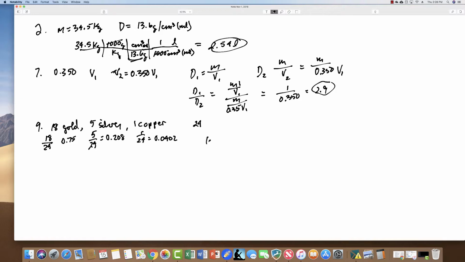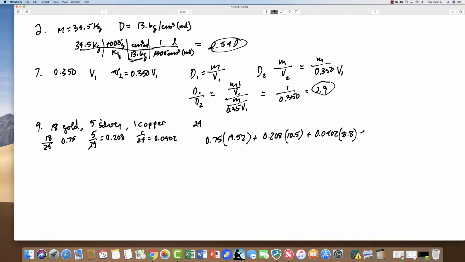And so if you take 0.75 times the density of gold, which is 19.52, plus the amount of silver, 0.208, times the density of silver, and I actually had to look this up online, it was not in the table, it's 10.5, plus 0.0402 times the density of copper, which is in the table, and that's 8.8.